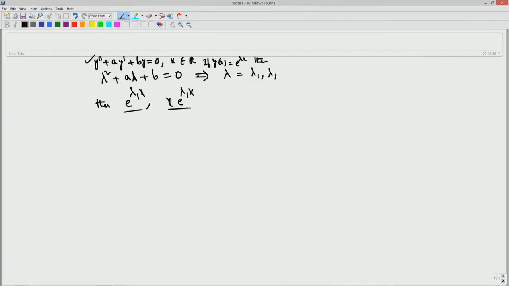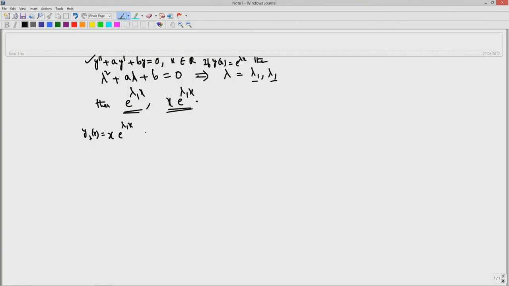The second solution you have seen can be obtained like this. Once the root is repeated, lambda 1, you simply take x into e power lambda 1 x as your y2 of x.